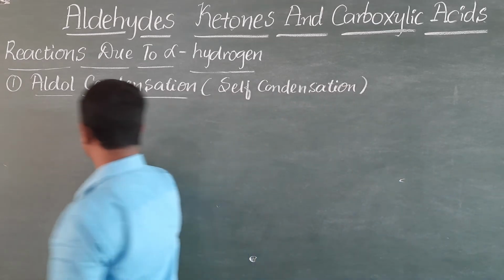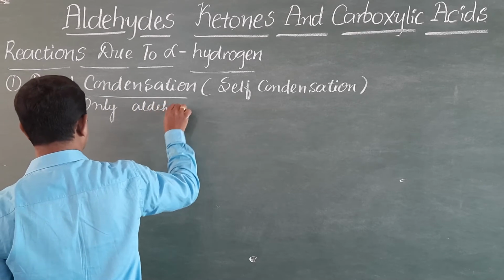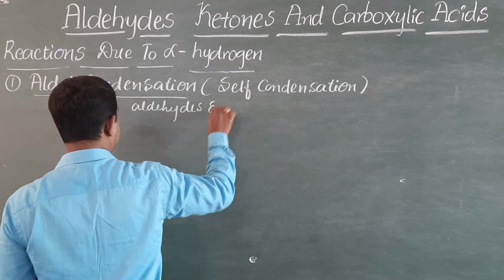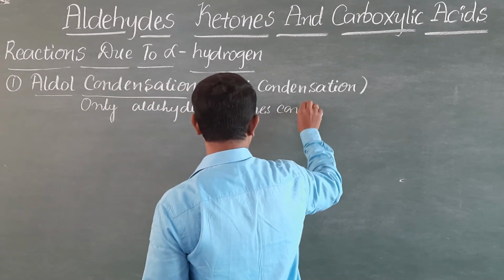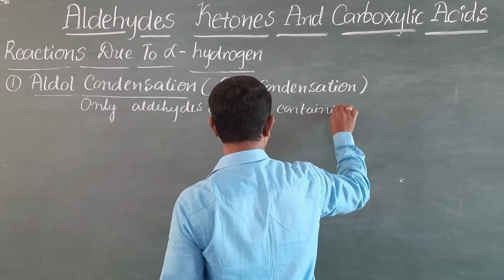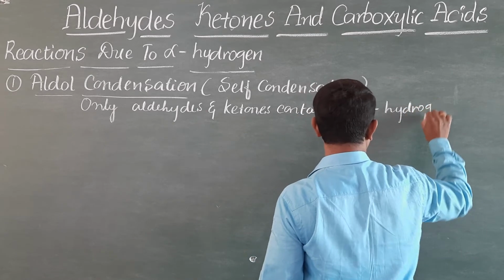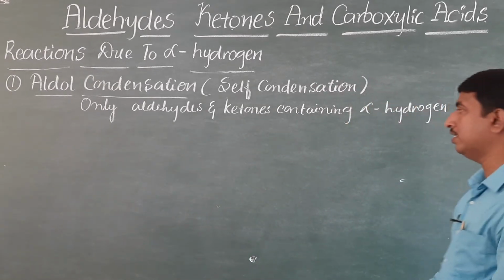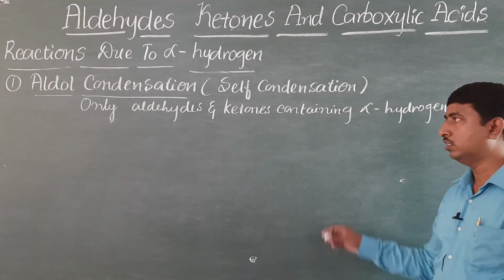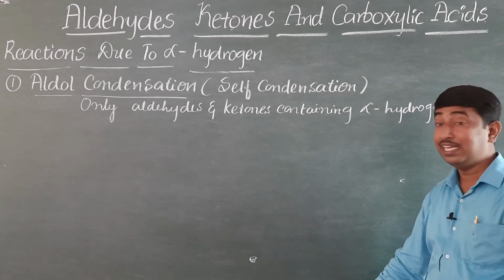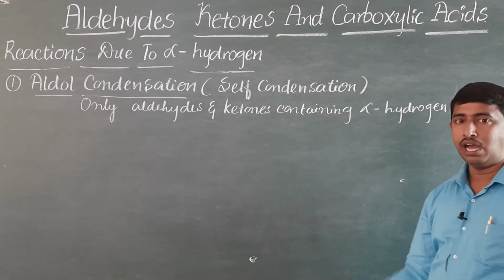So only aldehydes and ketones containing alpha hydrogen undergo this reaction. So aldol condensation is seen only in those aldehydes and ketones which possess alpha hydrogen.